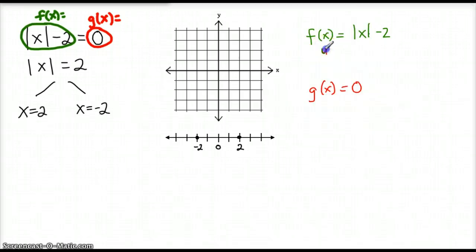So y equals absolute value of x minus 2, vertex at 0, negative 2. It's facing up and has a slope of 1. So we'll go down to that vertex.